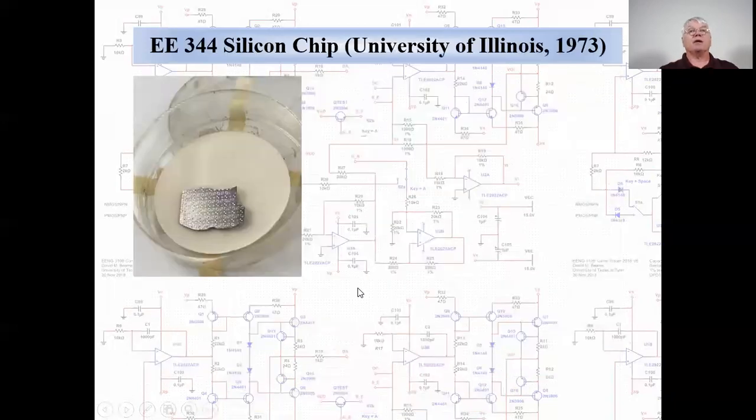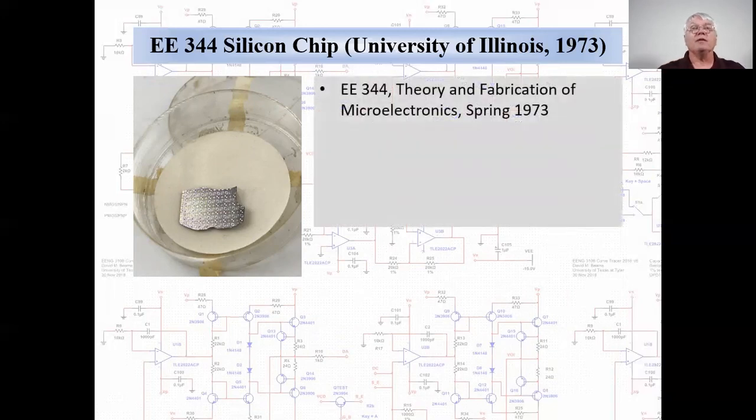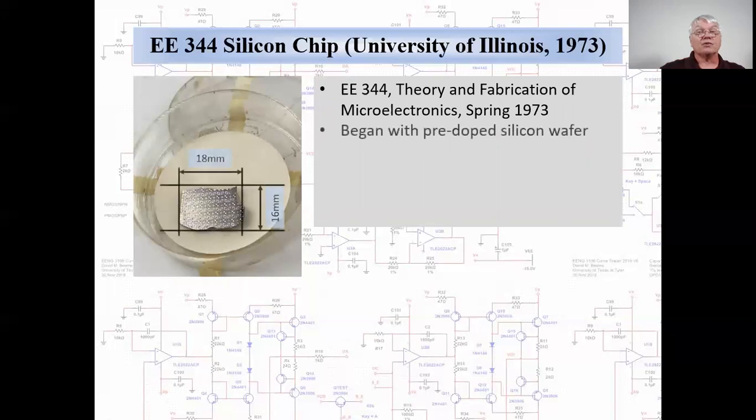Now, I'd like to make a little personal detour. This was a project that I did at the University of Illinois in 1973. The University of Illinois offered an undergraduate course in solid-state devices, including a fabrication laboratory where devices could be constructed. Each student was given a small piece of silicon to work with, and we worked with that piece of silicon for most of the semester.